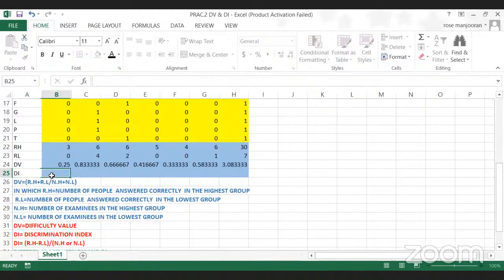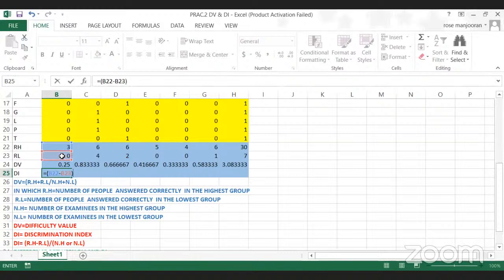That means here just give the is equal to, then you have to select the RH here, then put the brackets. Just select the RH, then minus RL, close the bracket.